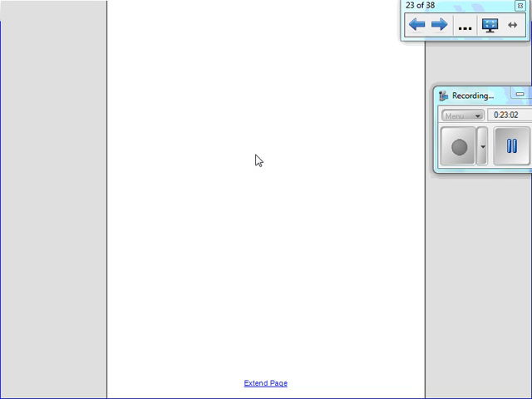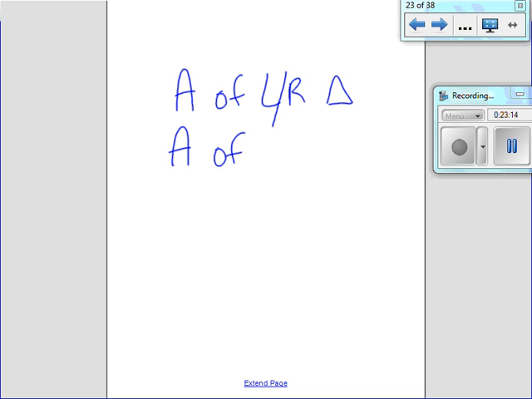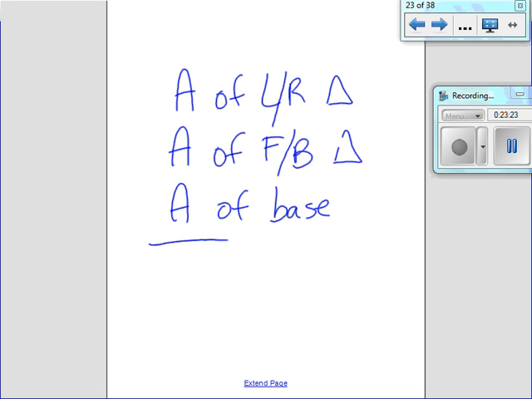Then find the areas of the left and right triangles, the areas of the front and back triangles. So area of left and right triangles, area of front and back triangles, area of base, and then add all together. And you might have to use the Pythagorean theorem.